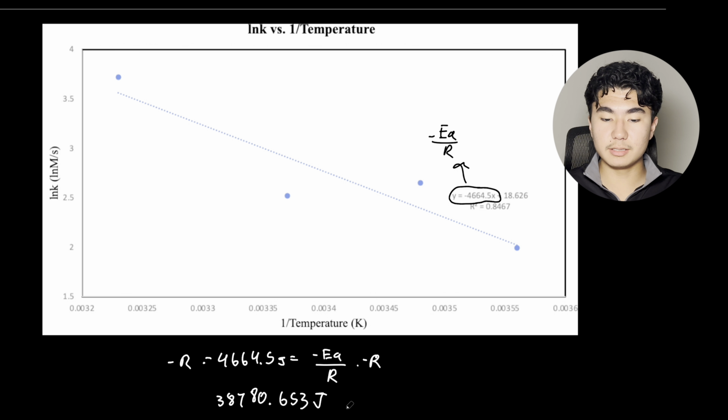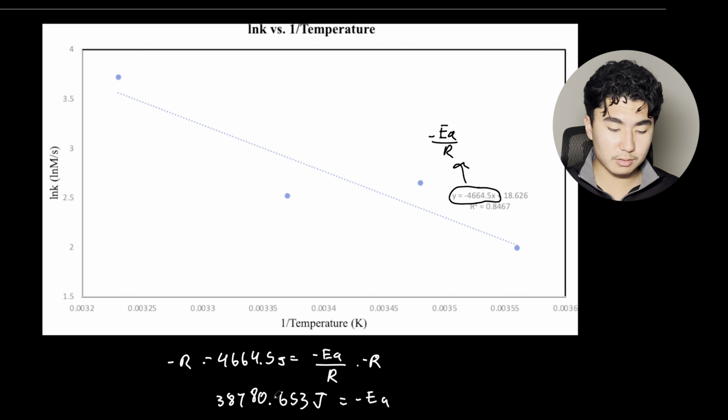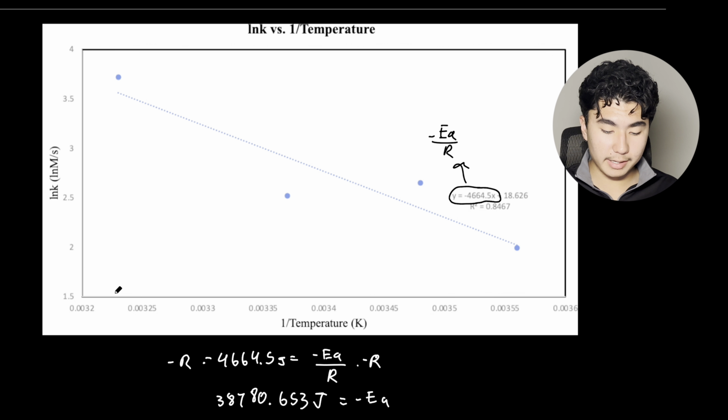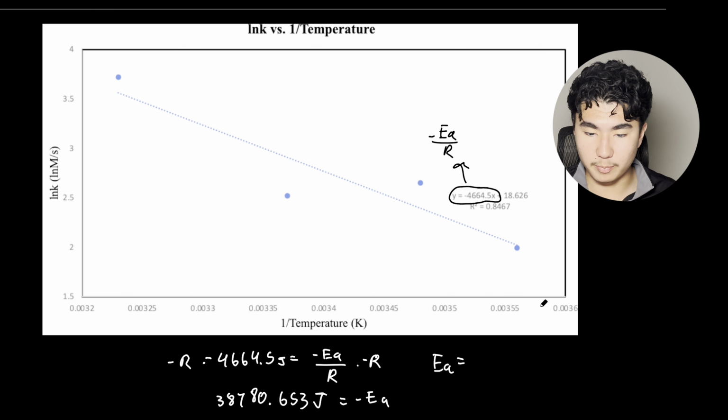And this is in joules. Now, just to make it a little bit prettier, we have our activation energy in kilojoules. So if we divide this by 1,000, we get 38.8. So our activation energy is going to equal 38.8 kilojoules.